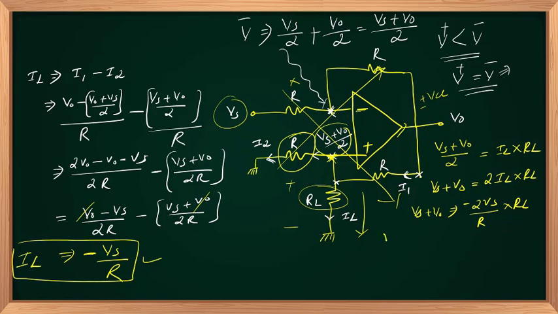Taking Vs to the right hand side, V out is equal to minus of 1 plus 2 RL upon R. So my output voltage V out is negative because your input is connected to the inverting input of your op-amp.